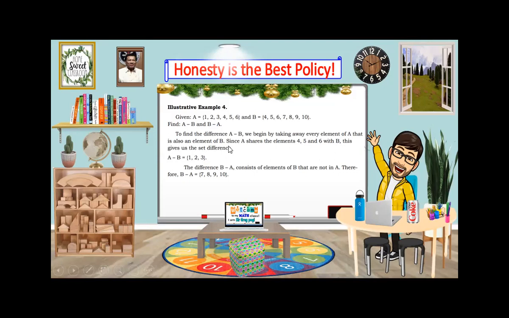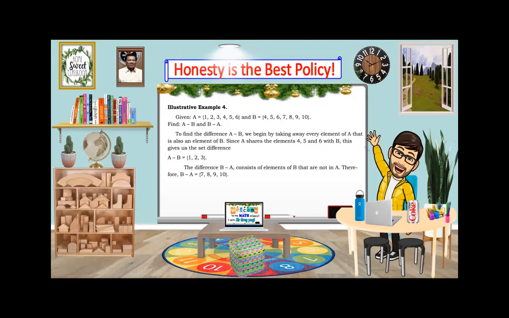Ibig sabihin, kukunin daw natin yung every element na magkatulad na meron yung A and B. Since A shares the elements 4, 5, 6 with B, this gives us the set difference. Ayan. Dahil magkatulad daw yung 4, 5, 6 ng A and B, di ba magkatulad 4, 5, 6, meron silang dalawa. So mawawala na yung sumama, minus, ibig sabihin makakancel na.